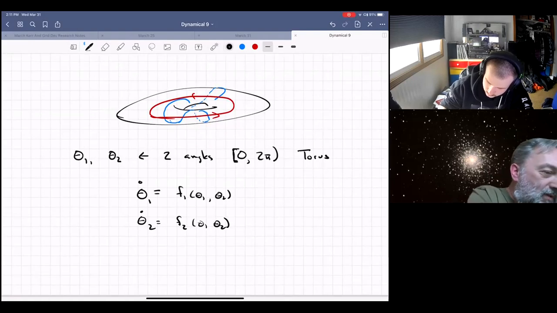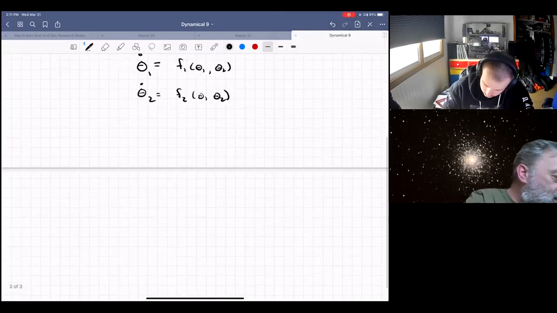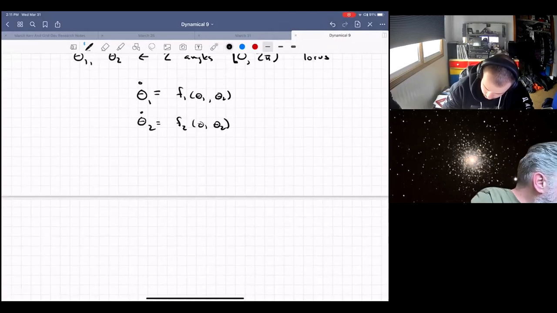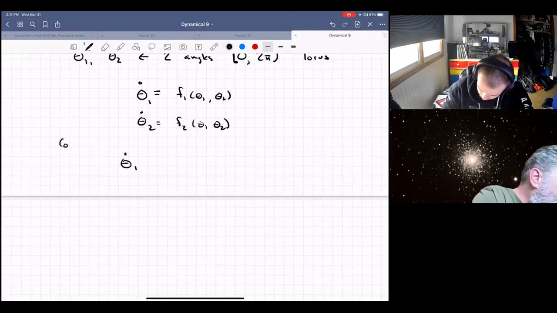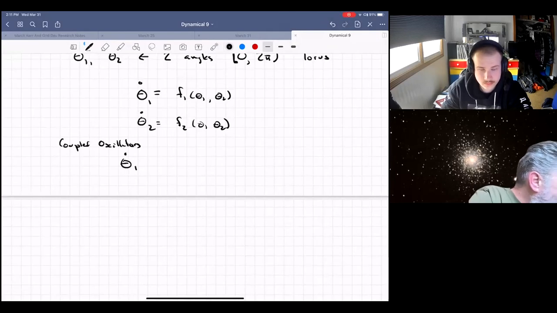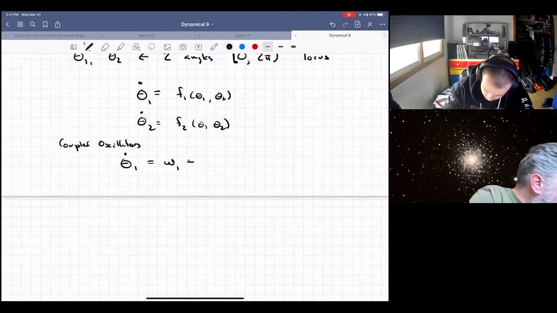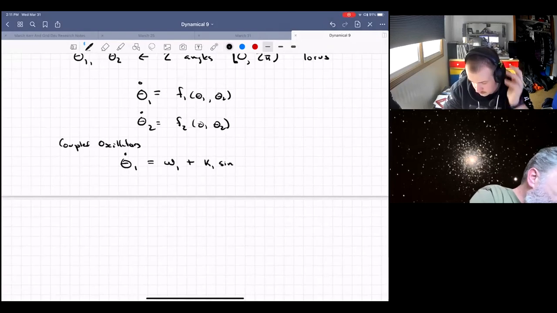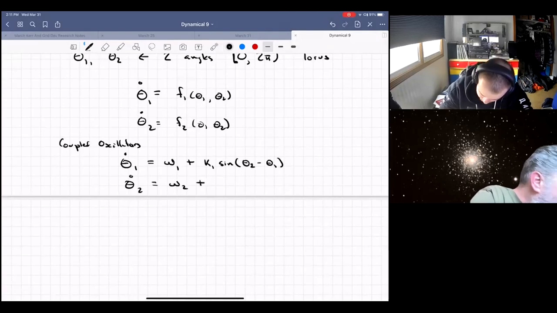So the simplest, and possibly most interesting, case is something like this, which is called coupled oscillators. Theta 1 dot is omega 1 plus k1 sine of theta 2 minus theta 1, and theta 2 dot is omega 2 plus k2 sine of theta 2 minus theta 1.